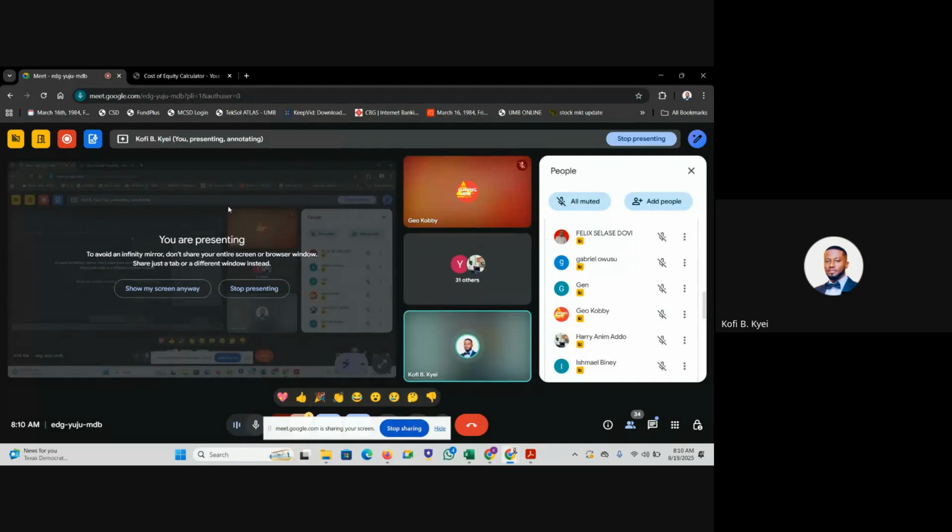Okay, so let me start with MTN Ghana. It's a very mature institution. Even though it has a beta of more than one, you can say that it's a very assured area for returns.